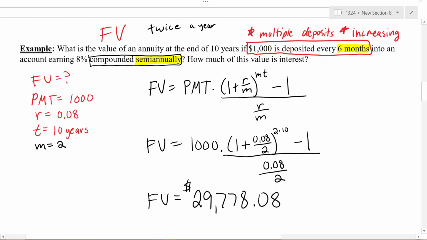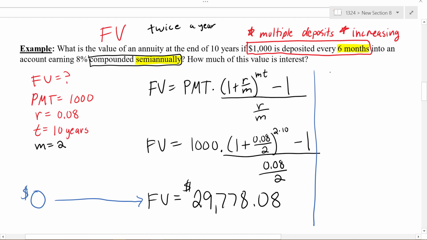Alright, so our future value account started at $0 and then increased with all of our deposits and all of our interest to a total value of $29,778.08. Now we want to know how much of this future value is actually interest.